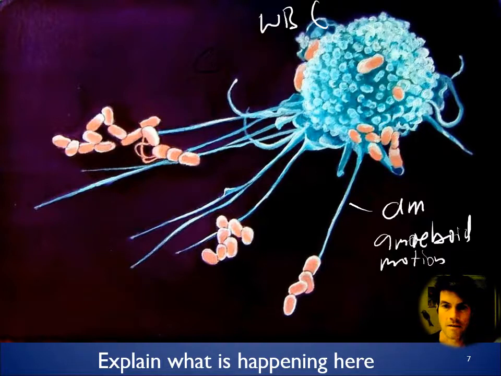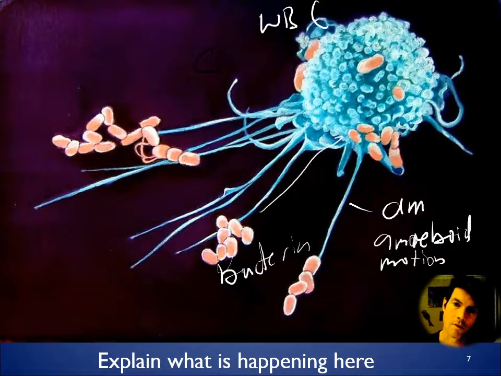So it's sending out these pseudopods, grabbing onto this bacteria and then pulling it in where it can eat it. Okay, so this would be a white blood cell or phagocyte.